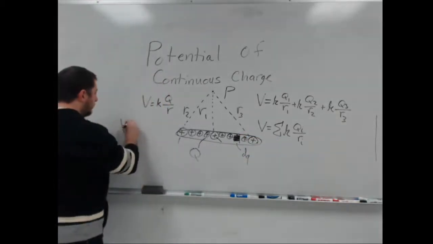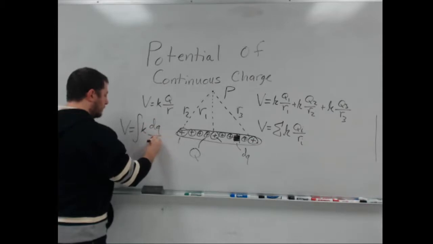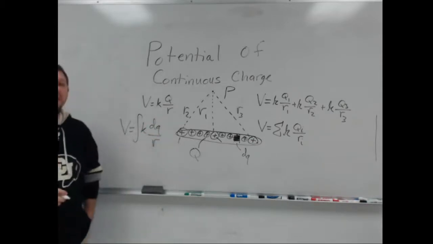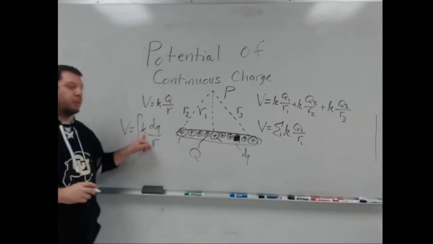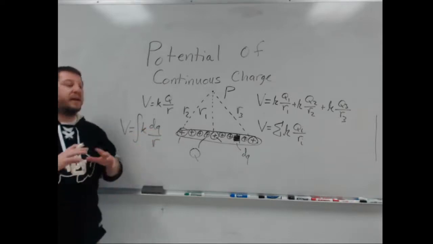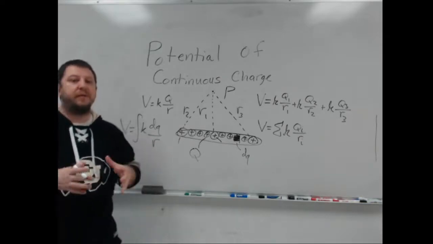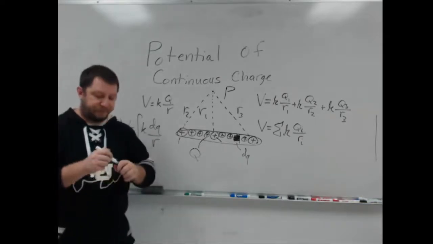And it looks like this. The Coulomb constant times dq over r. And so then I want to integrate over my charge distribution, whatever that charge distribution looks like.